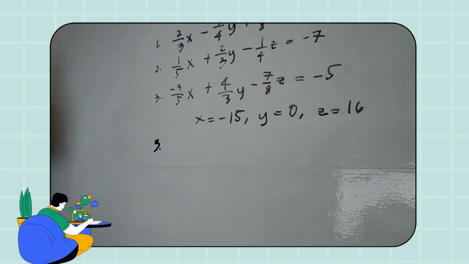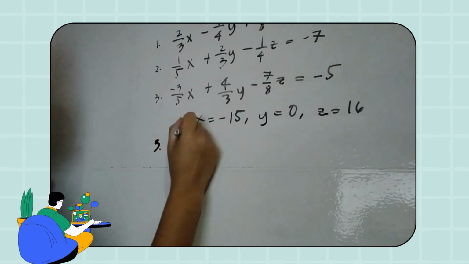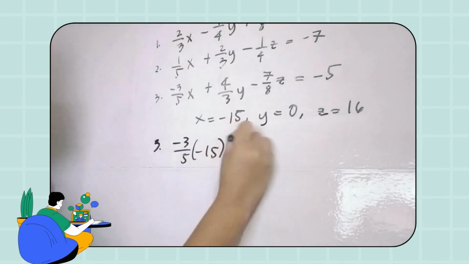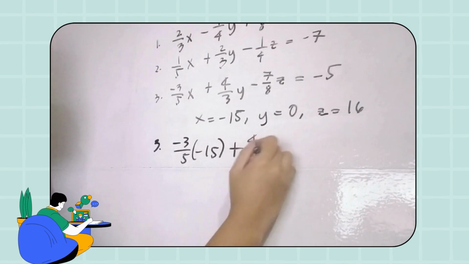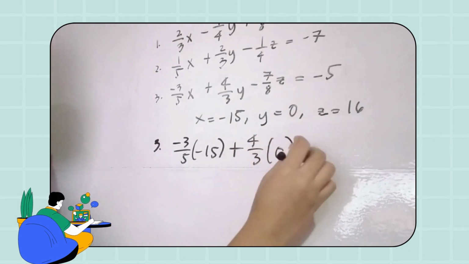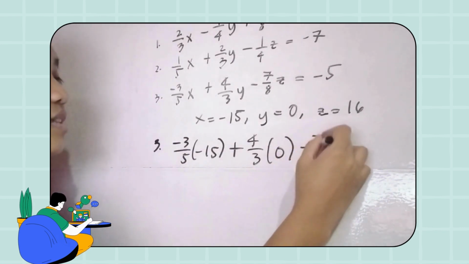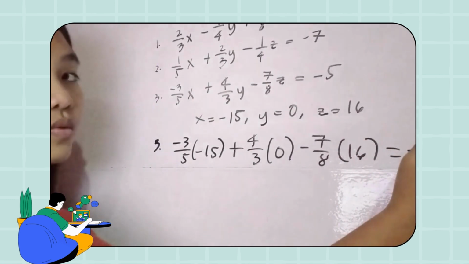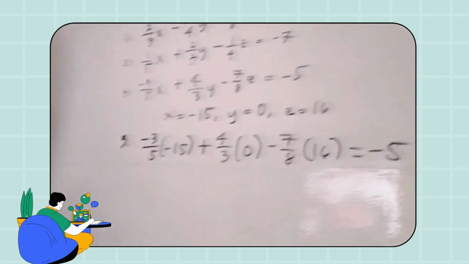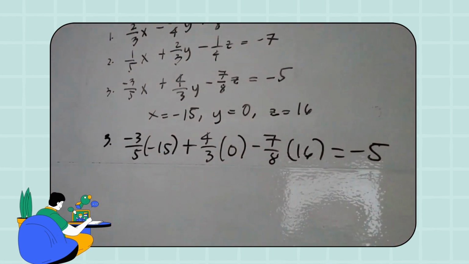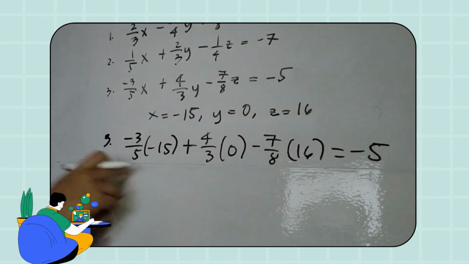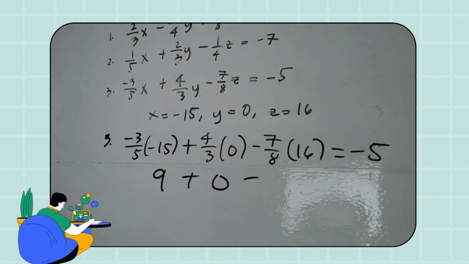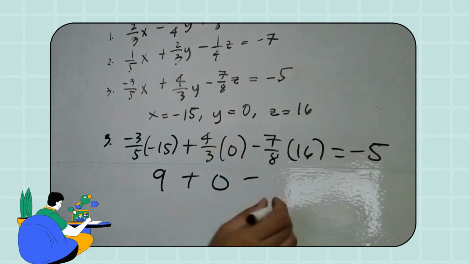Now, let us proceed with the third equation. We have here 3/5 x, where x is negative 15, plus 4/3 y, where y is 0, and negative 7/8 z, where z is 16, equals negative 5. So in this case, 3/5 of negative 15 is negative 9, plus 4/3 of 0 is 0, and negative 7/8 of 16 is negative 14.